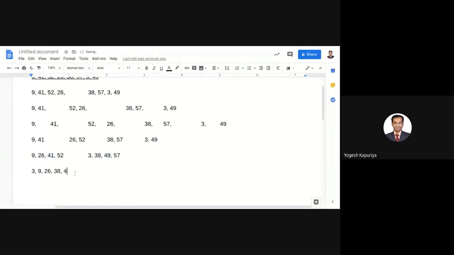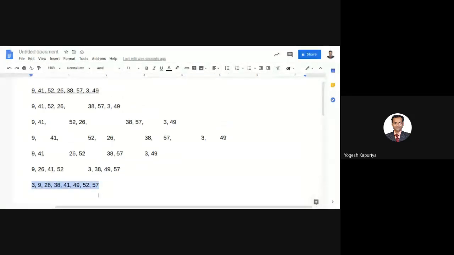Smaller is 41. 49 will be compared with 52. Smaller is 49. Then 52 will be compared with 57. Smaller is 52. And the remaining one will be copied. So now what you are getting is something like this: 3, 9, 26, 38, 41, 49, 52 and 57.